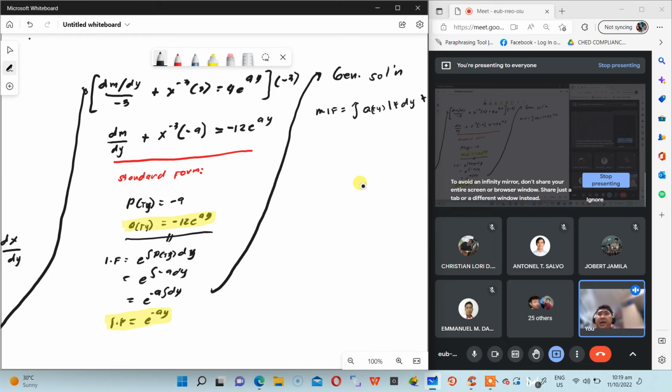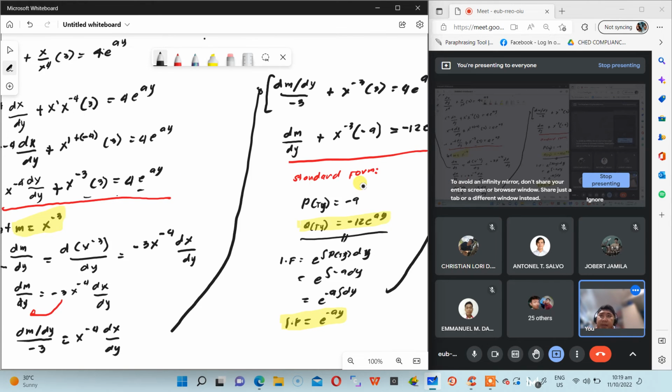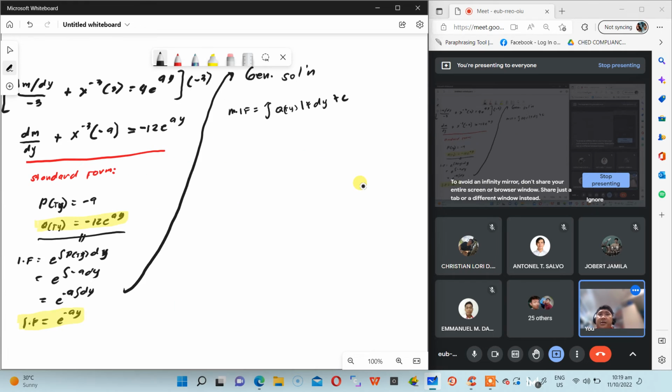What is our m? x raised to the power of negative 3. Our integrating factor is e raised to the power of negative 9y, equals the integral of Q of y, just substitute, negative 12 e to the 9y, times the integrating factor e to the negative 9y dy plus c.